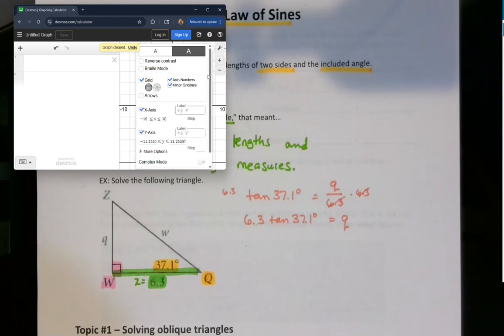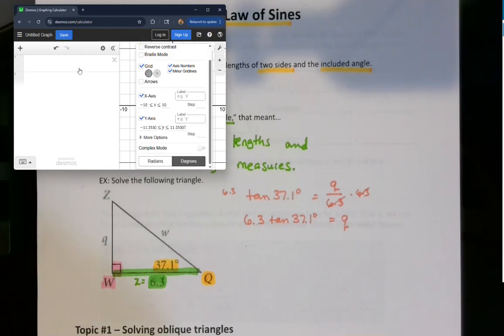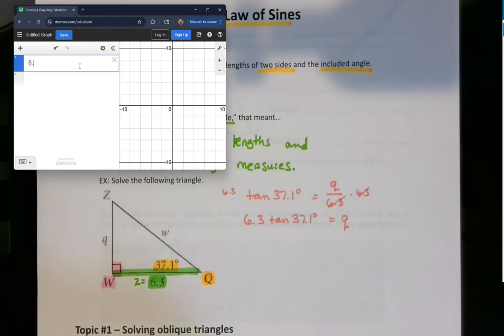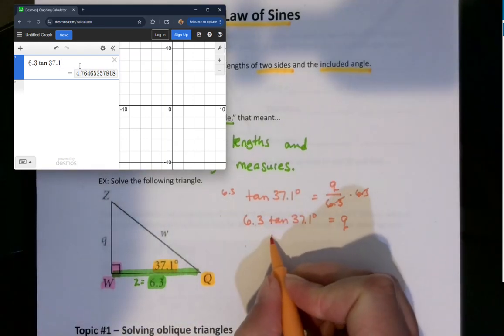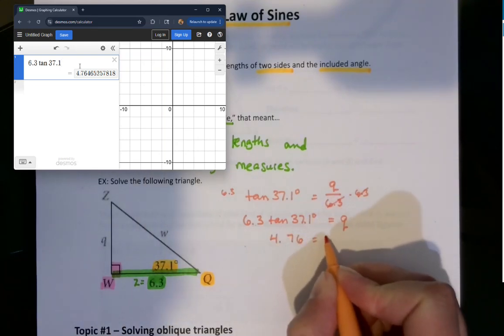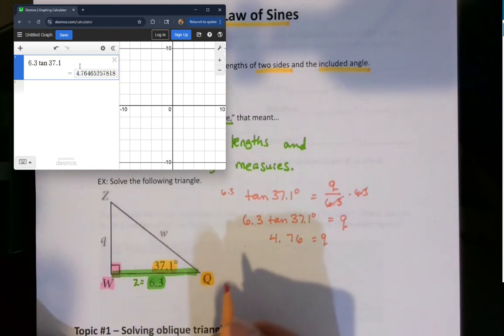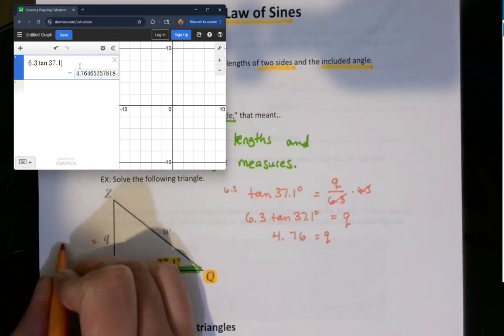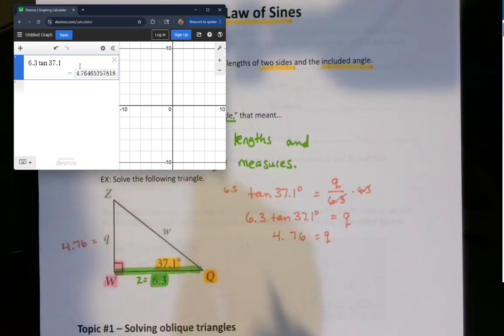The default's radians. I'm going to go ahead and switch this into degree measure because this angle was given in degrees. So 6.3 times the tangent of 37.1 degrees gives us a value of 4.76 for q. So I know my side length q here is equal to 4.76 units, or I could round that to 4.8 units if I'm interested in keeping it at 1 decimal place.